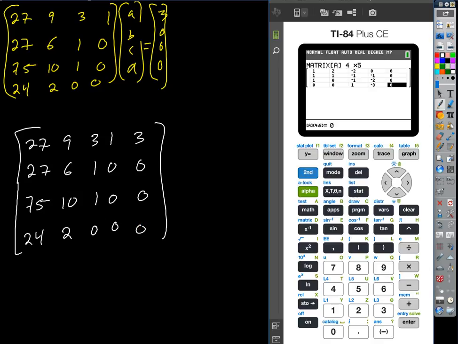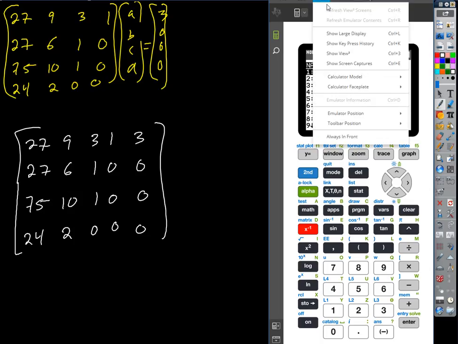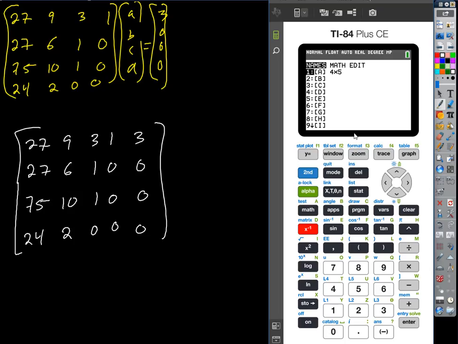Now in our calculator, we'll enter that. Let's go to the matrix menu, second matrix, and we'll go to edit.